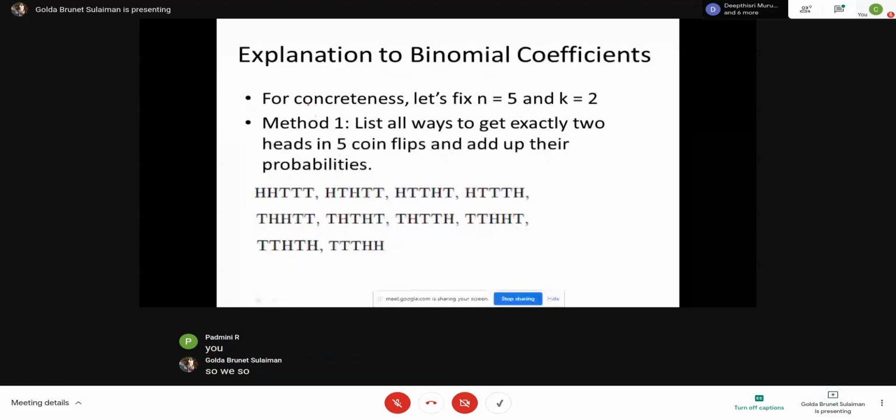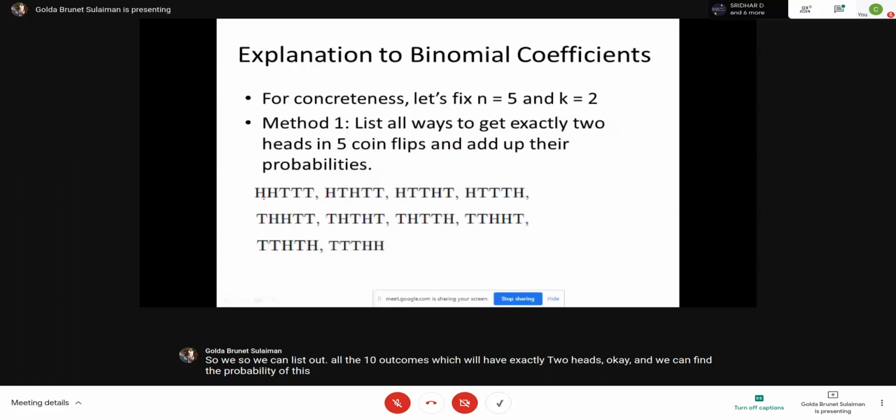We can list out all the 10 outcomes which will have exactly two heads, and we can find the probability of this one.